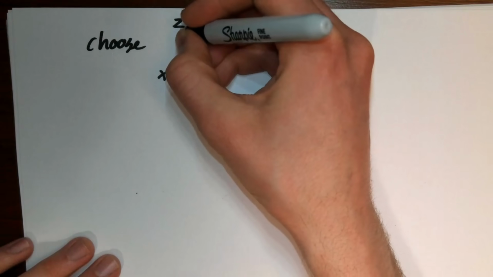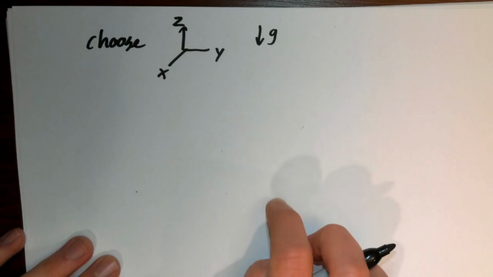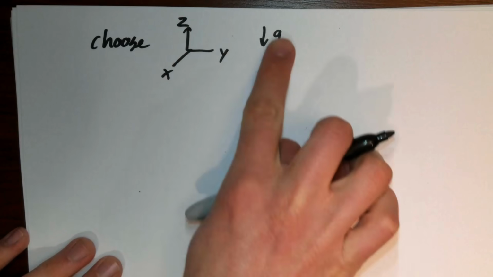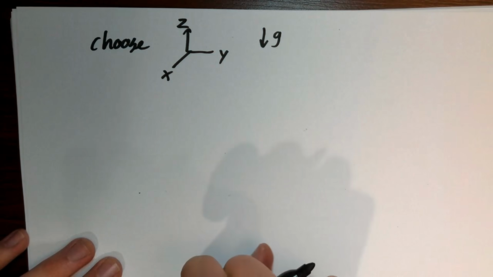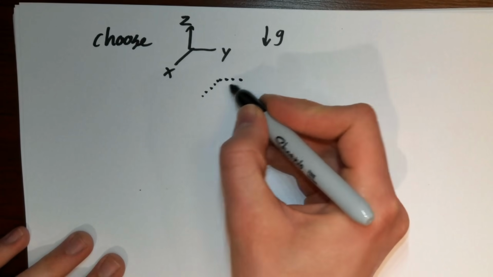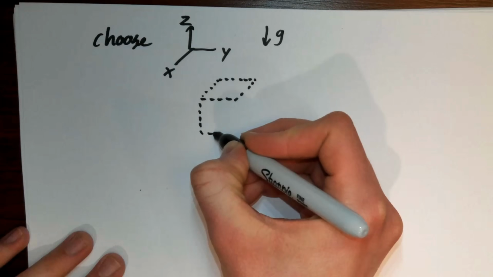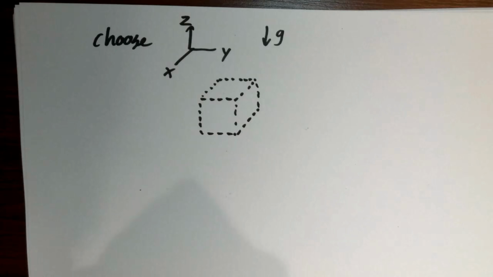And we choose to have gravity pointing downwards, in the minus z direction. Usually this is pretty convenient, right? And we have some chunk of fluid that we're choosing to analyze in a coordinate system like this.